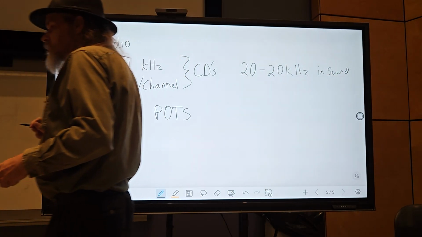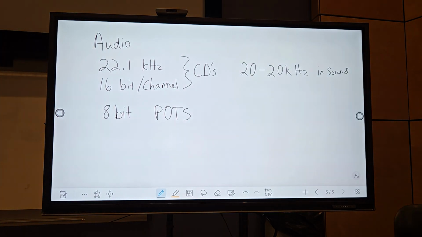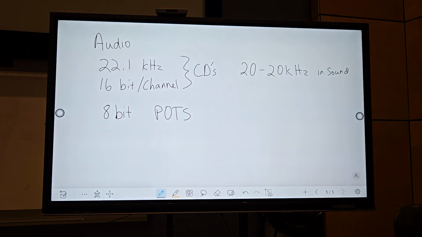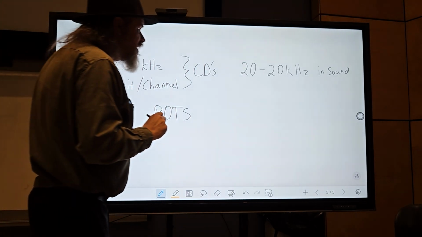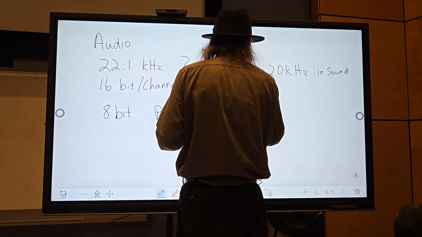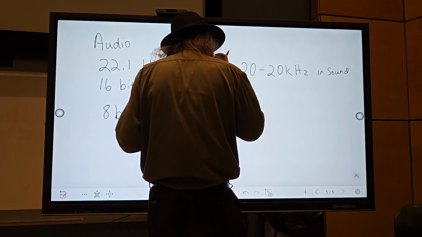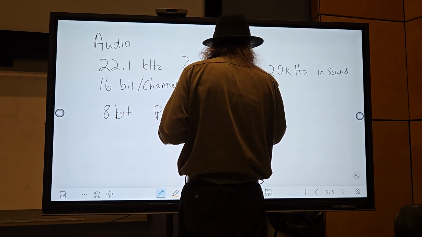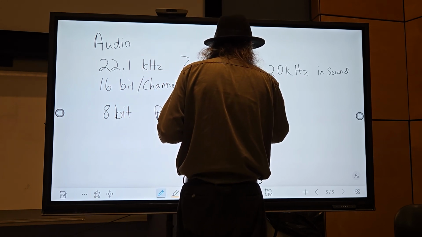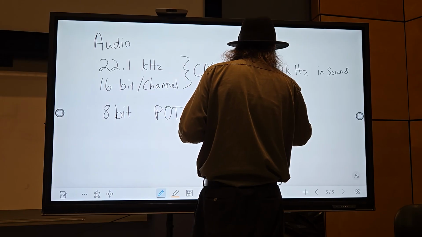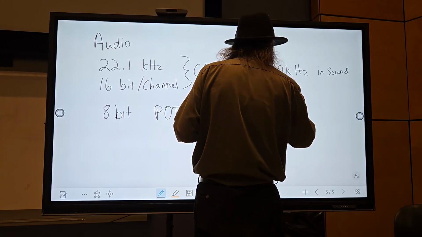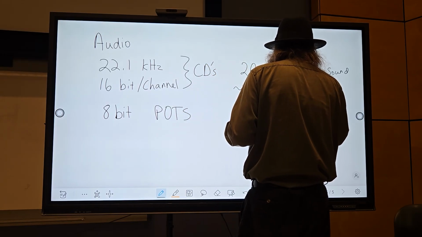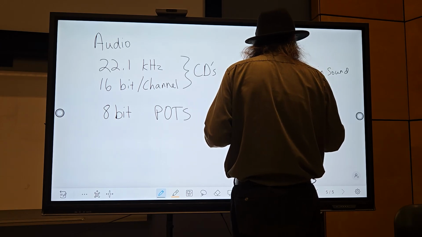Now, some people with sensitive ears can hear beyond that range. I believe at the extreme, the human ear can hear, I want to say it's around 15 to 23 kilohertz. I don't remember where I heard those numbers.